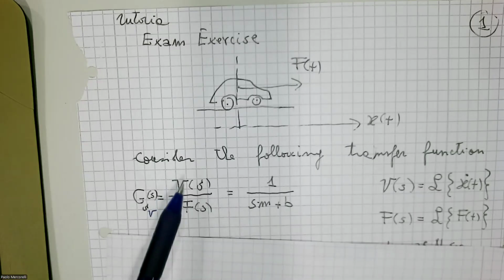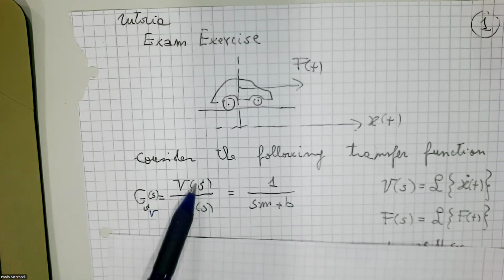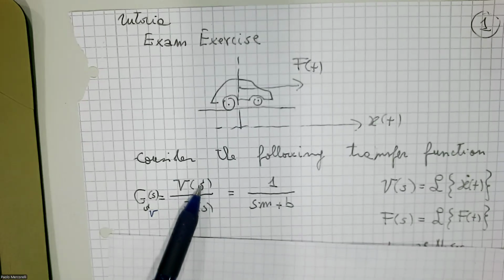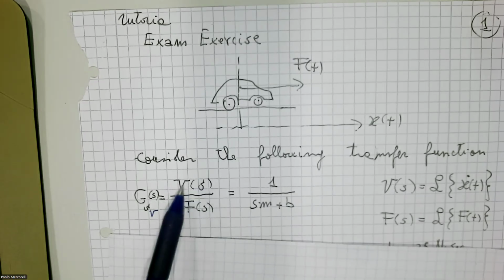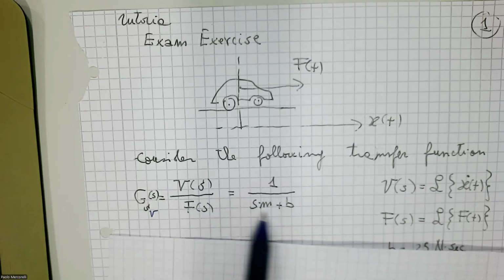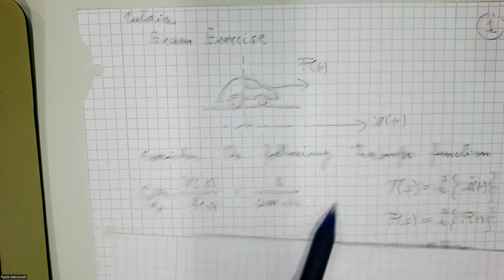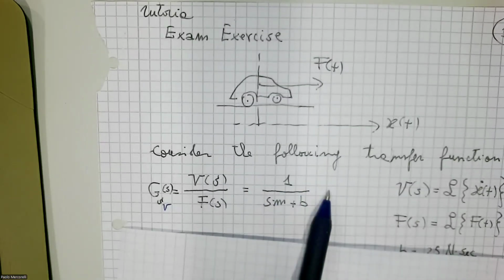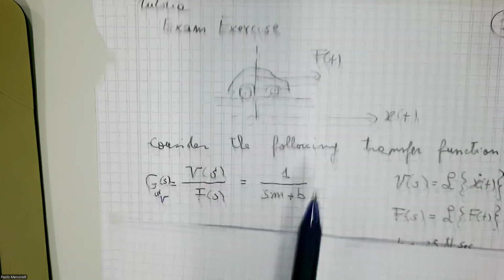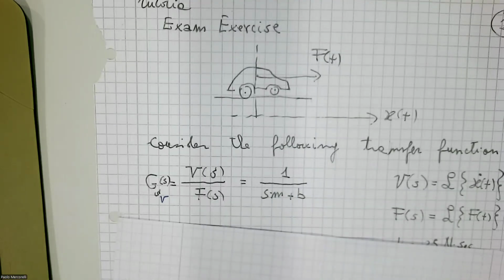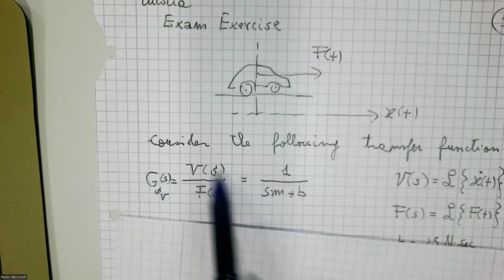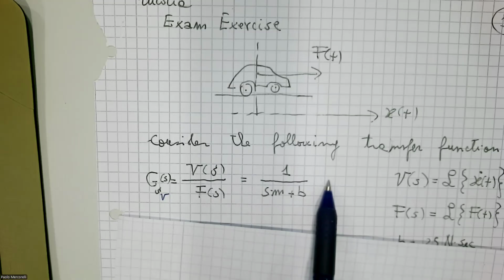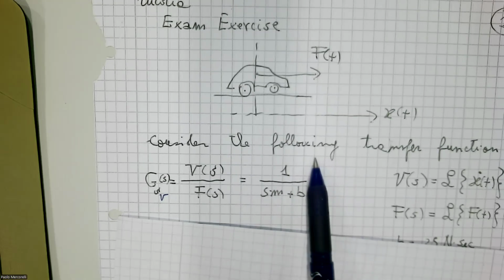But if you think here that the position is the integral of the velocity, this means that if I write here X(s), it is enough to integrate this expression here, because this expression, this divided by this, multiplied by F(s), is the velocity. Of course, in the Laplace domain and so on. I don't know if this can help. V(s) is this expression here multiplied by F(s). This means this expression on the right is exactly the velocity.